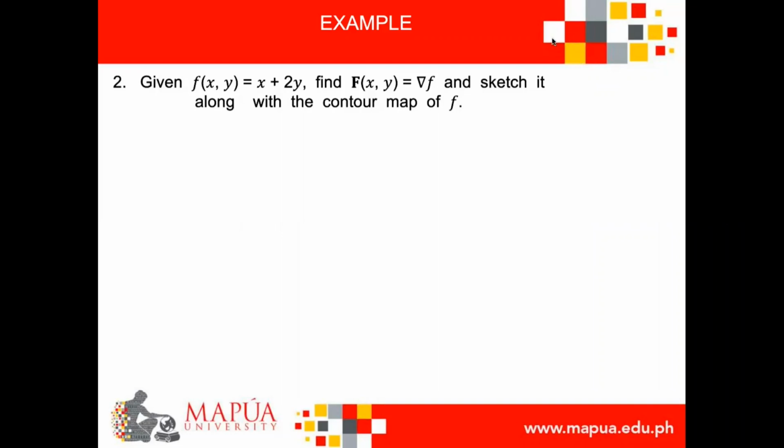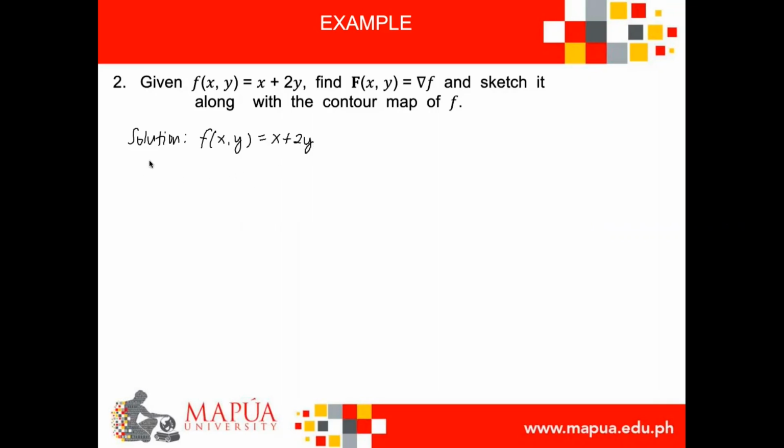So first thing to do is to define the vector field or gradient vector field F of x, y, which is denoted as del f or gradient f. Again, the given function or surface is f of x, y equals x plus 2y.